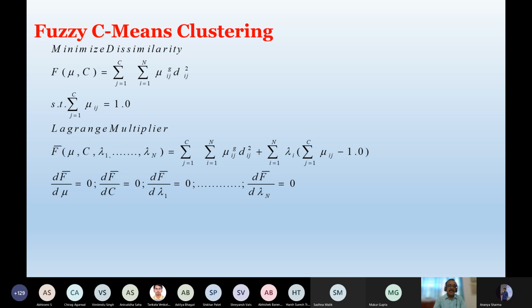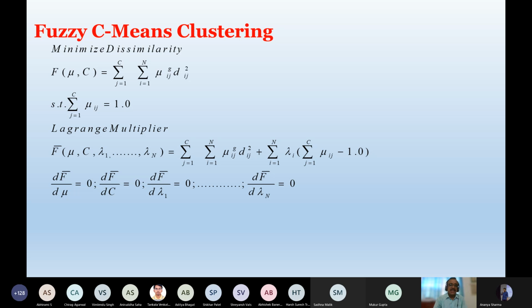Now, this dissimilarity is nothing but, as I told, it is measured with the help of the Euclidean distance dij. So, the dissimilarity f, that is a function of mu and c. What is c? Capital C is nothing but the total number of clusters, and that is defined as summation j equals 1 to c, summation i equals 1 to n, mu ij raised to the power g dij square.